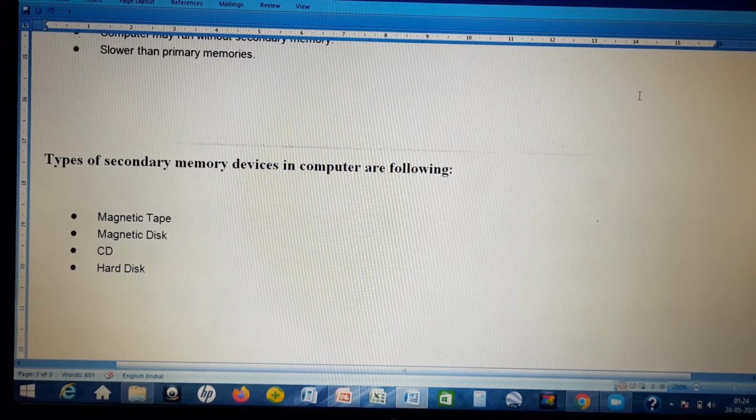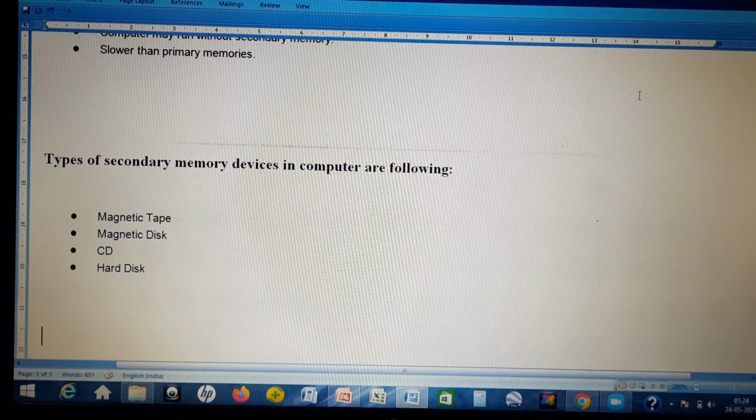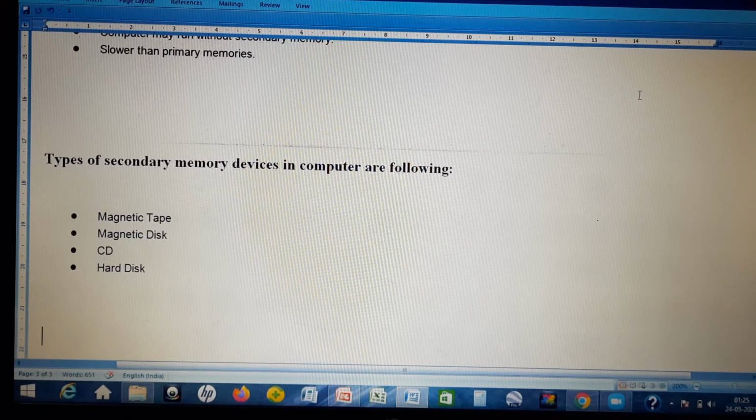Okay, see here, you can see the types of secondary memory. There are four types of secondary memory: magnetic tape, magnetic disk, CD and hard disk. Magnetic tapes are used for large computers like mainframe computers, where a large volume of data is stored for a longer time.